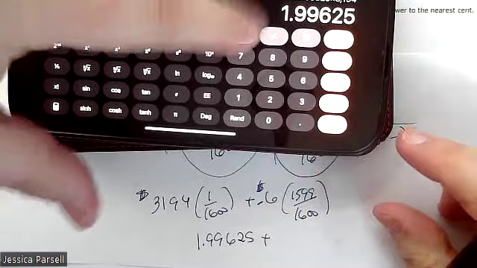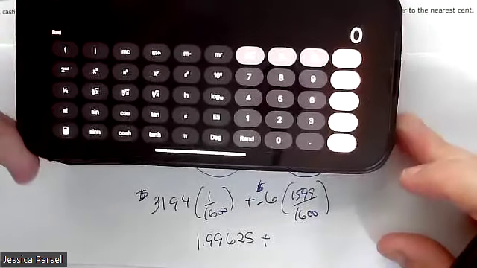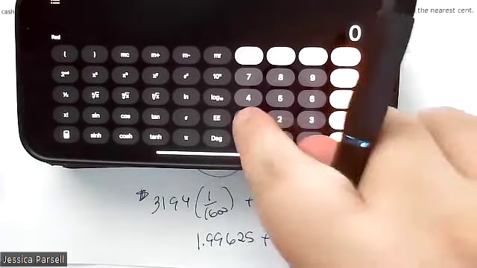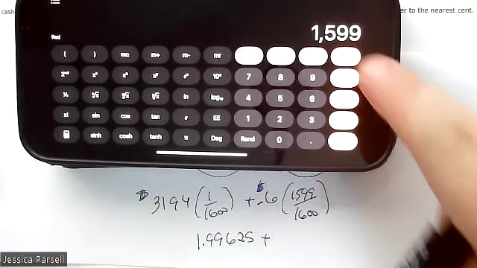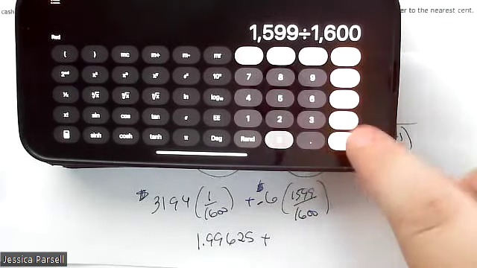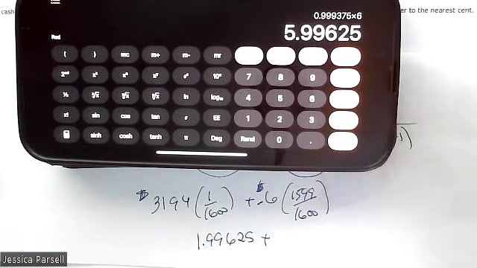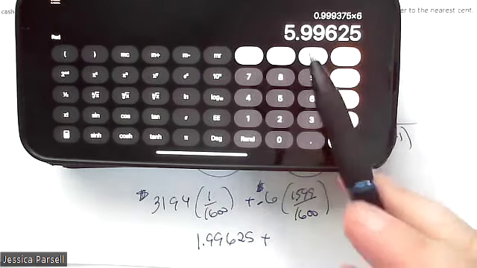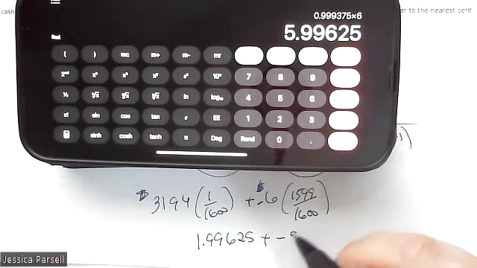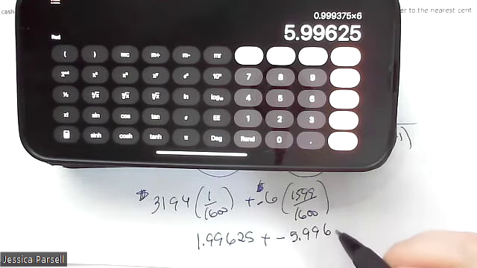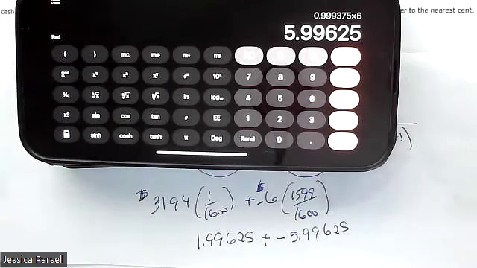So I don't want to try to fool with trying to make my calculator figure out negative numbers. So I'm just going to do 1,599 right here, divided by 1,600. Get that, multiply that times 6, hit enter. But I know that this is a negative 5.99625.